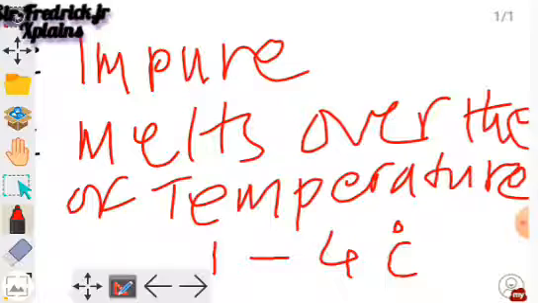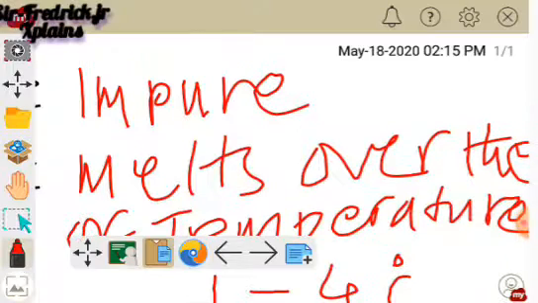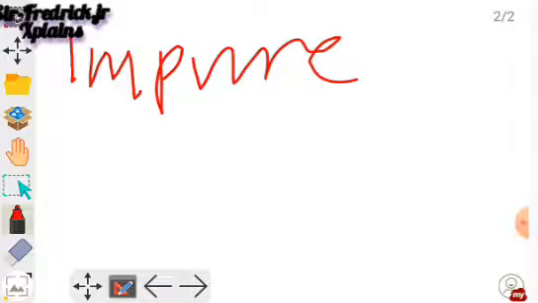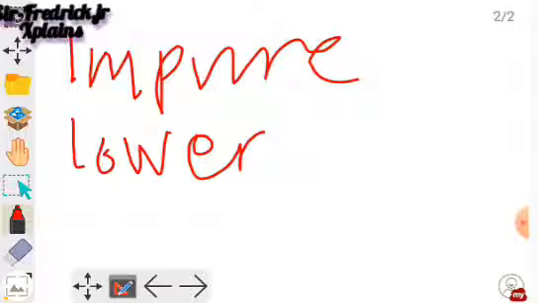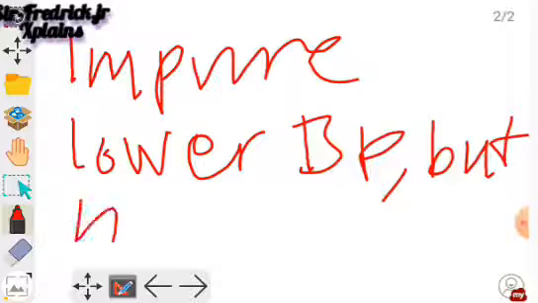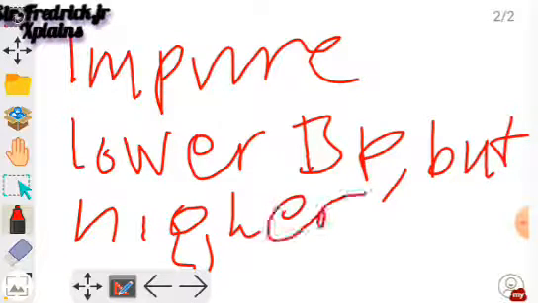Another difference that we can deduce is that an impure substance has a lower boiling point, BP, but higher BP.